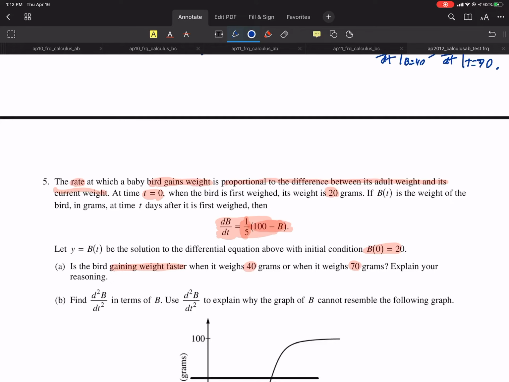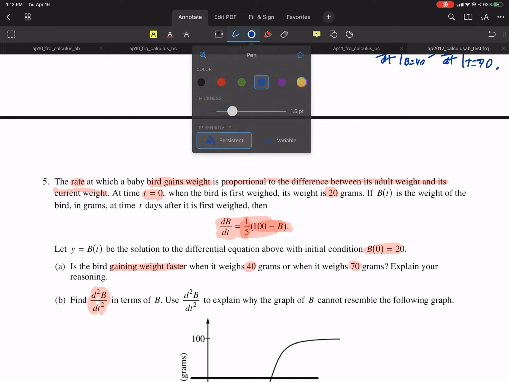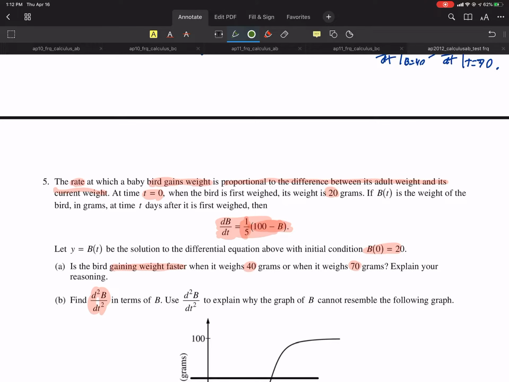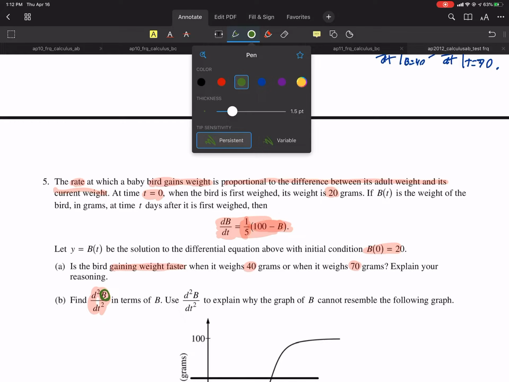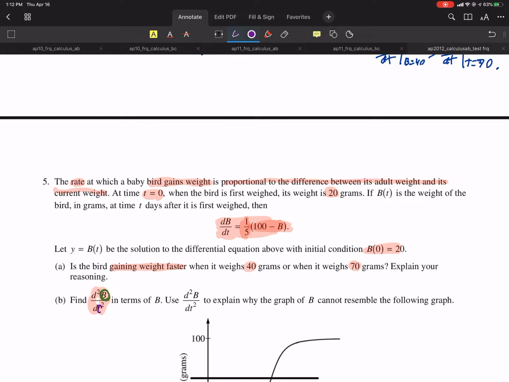So the first thing they ask us for is to find the second derivative. This is where we have to be careful, and we have to realize a couple of things here. So b right here, that's our function. And then t down here, that's giving us our variable. It's important to recognize what is a function and what is a variable.